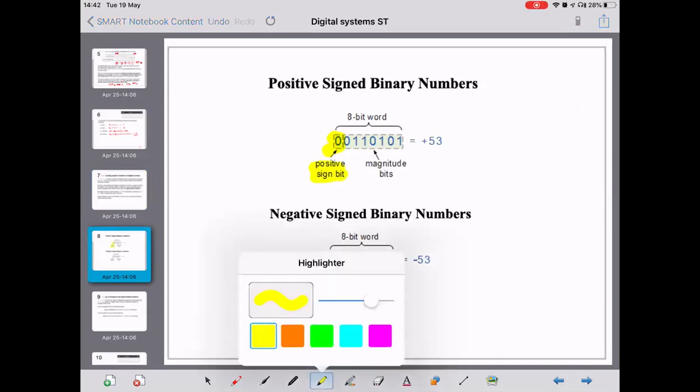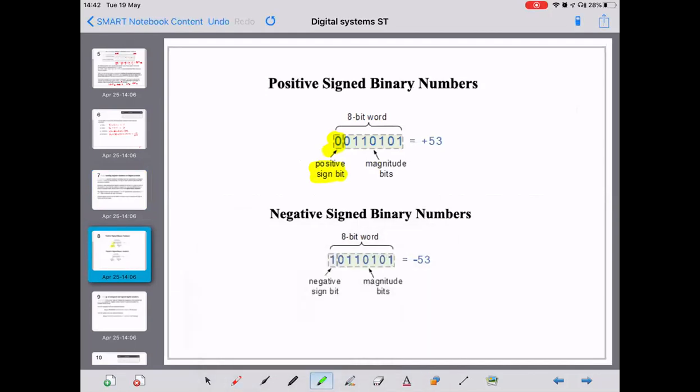The same number but negative, we see we've got the same digits to represent the magnitude 53, but then the most significant bit is 1, representing that it's equal to minus 53.